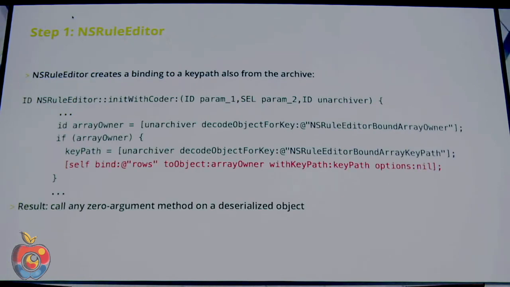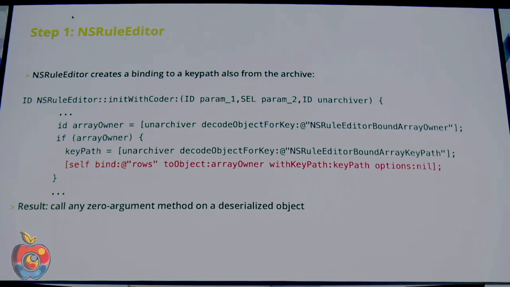Then the first step I found was the NSRuleEditor. When this object is deserialized, it will create a binding to another object using a key path also from the archive. Bindings, if you're not familiar with macOS development, are basically a reactive programming technique where you can directly connect a model to a view without having a controller full of boilerplate code in between.